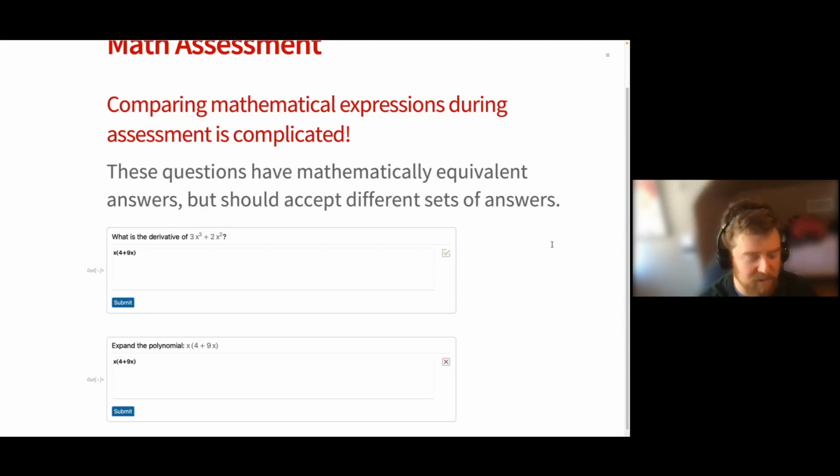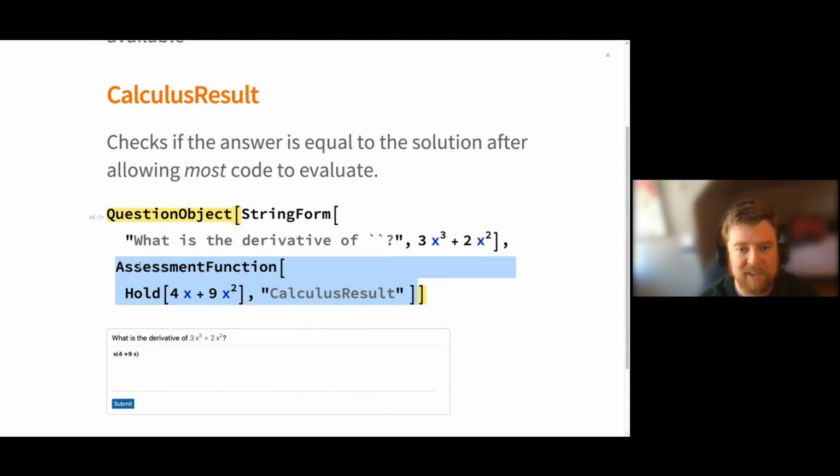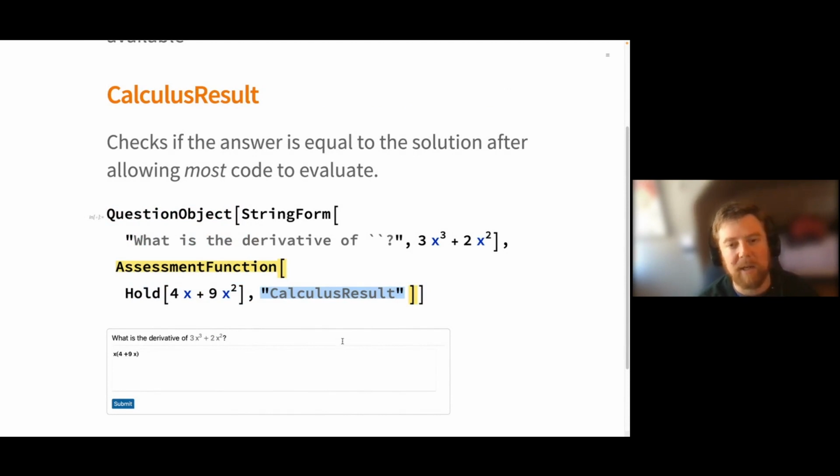So what we've introduced is the code underlying these examples, and that's these three dedicated comparison methods. Here I have the assessment function calculus result. This will allow most things to evaluate, and it will compare the results basically just if they're mathematically equal.